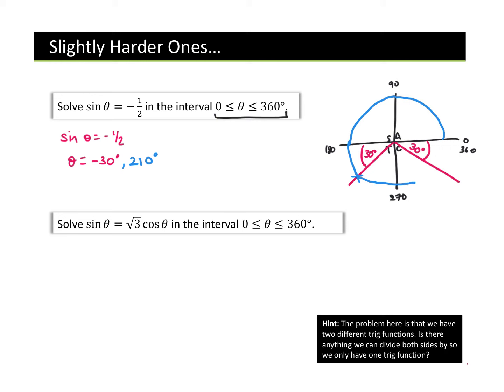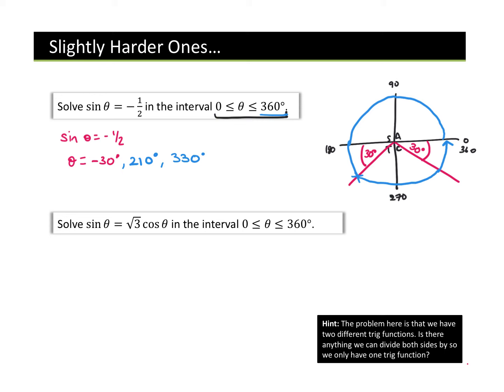Carry on going round. Found my second intersection. This is 360 minus 30, which is 330 degrees. Carry on going round. I stop when I get to 360. So I have three values for theta right now. But this is where we need to read the question properly.